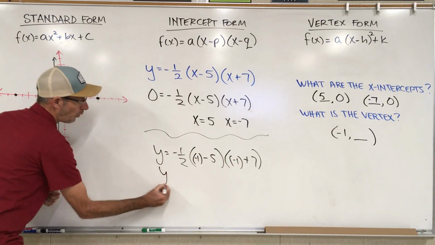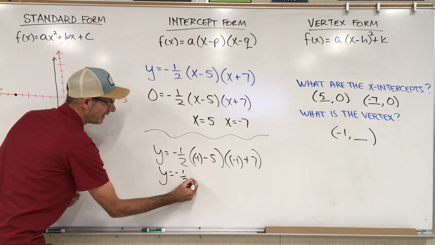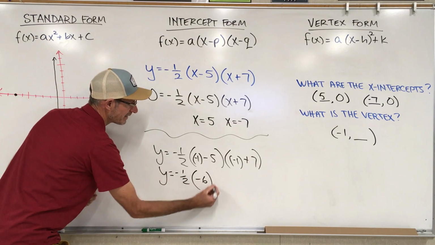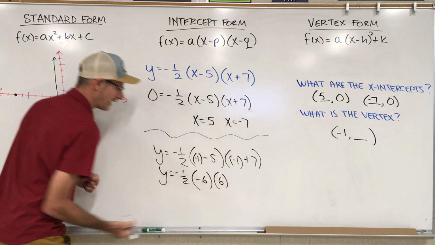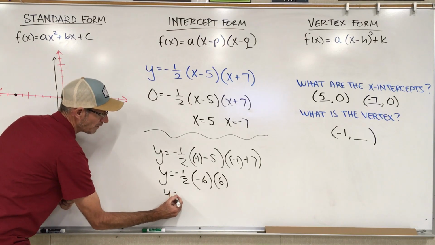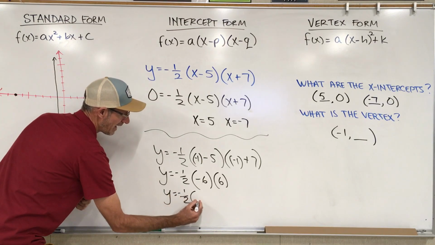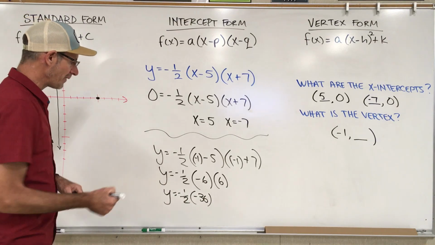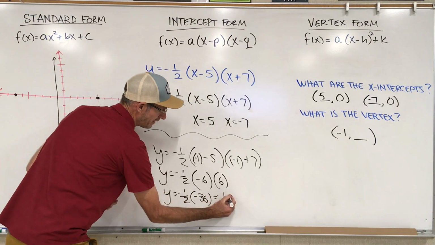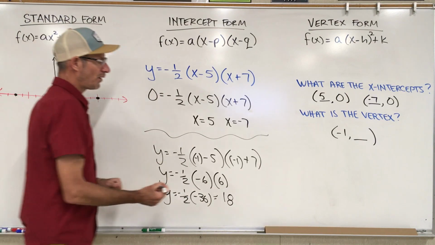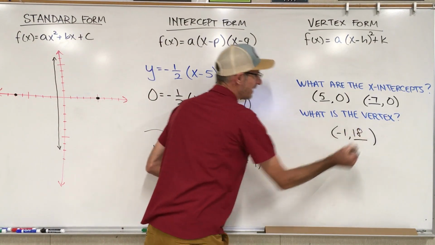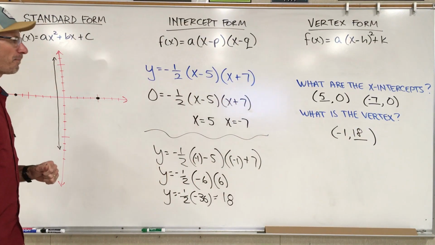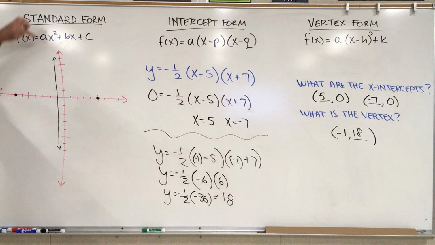So that'll be y equals -1/2 times -6 times +6. So that'll be y equals -1/2 times -36. And -1/2 times -36 is +18. So our vertex is at -1, comma, +18. So it would actually be way up here somewhere off of my graph.